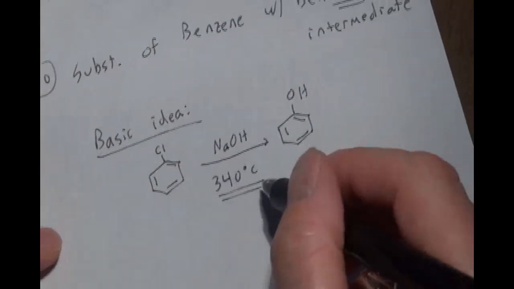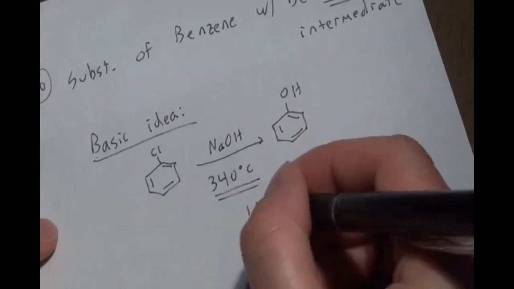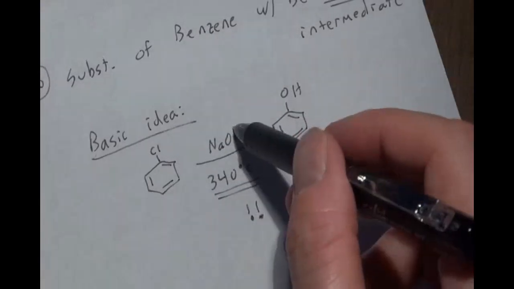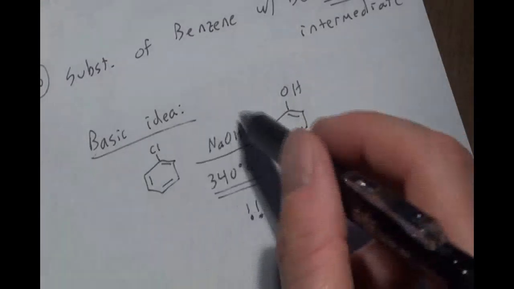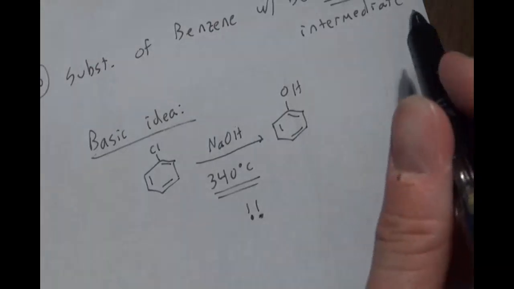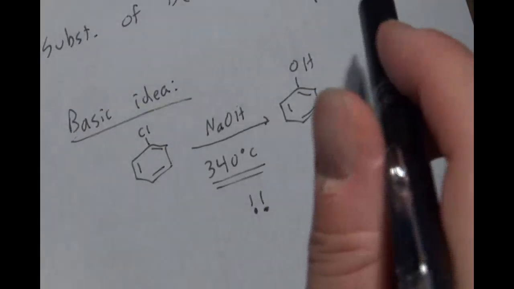So that's very, very high temperature for most organic chemistry. So yes, this reaction kind of works. And you might think, oh, well, it's just going to be hydroxide attacks, kicks off the chlorine and makes a phenol. Well, that's not really what happens at all. It's a little different than that.